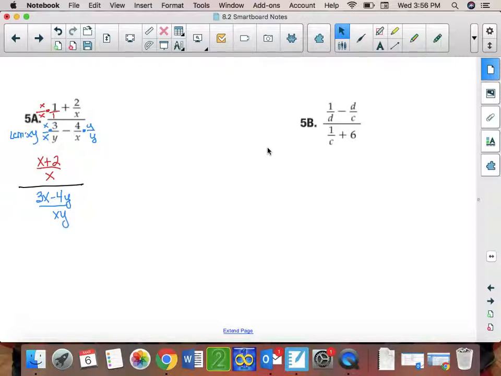So I just went ahead and skipped a step and made them already one fraction. Now that I'm there, I'm going to keep the top, change to multiplication, and then I'm going to flip. And then we're going to cancel where we can, and I can cancel those x's out.